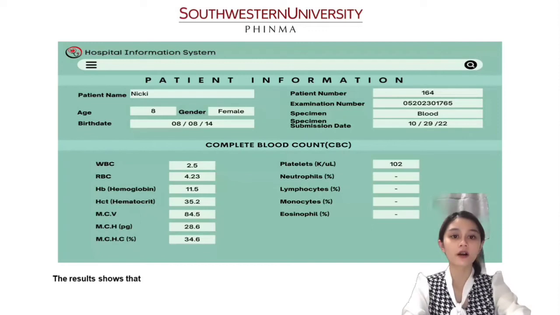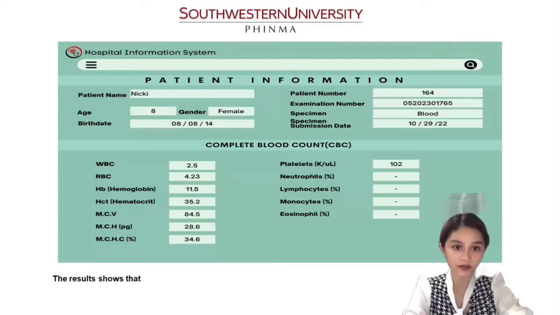First is the patient's complete blood count. It showed that her white blood cells and platelets are below normal range, while her hemoglobin, hematocrit, MCV, MCH, and MCHC, as well as her red blood cells, are normal.